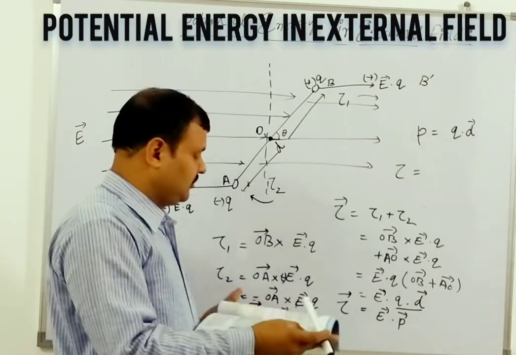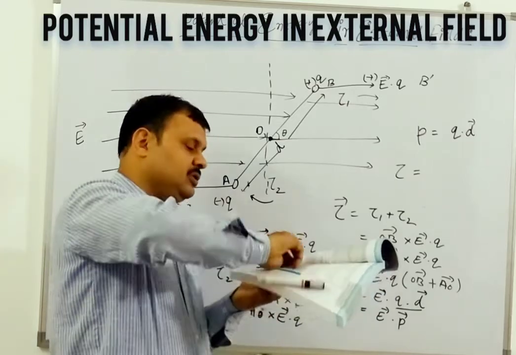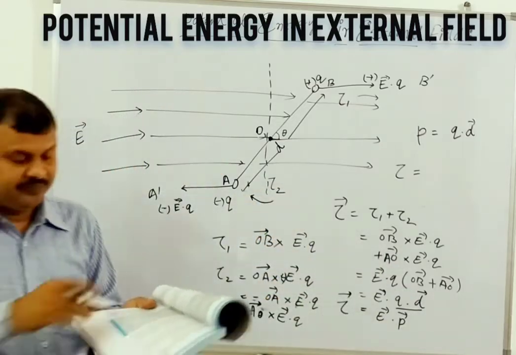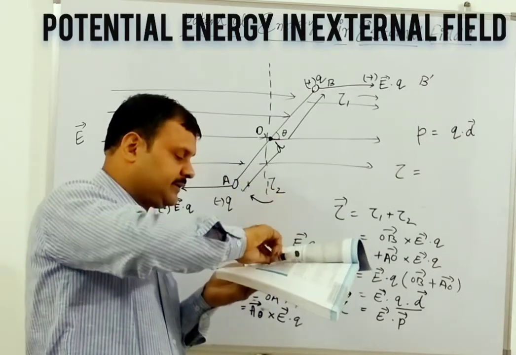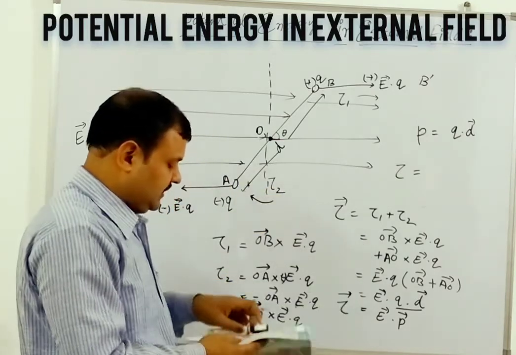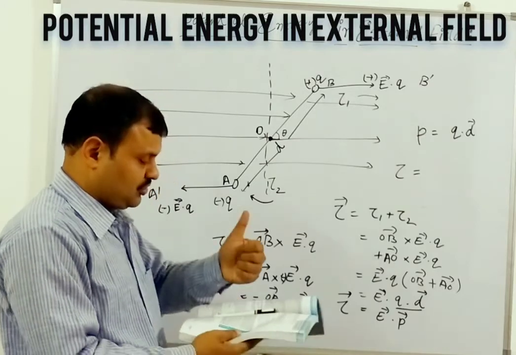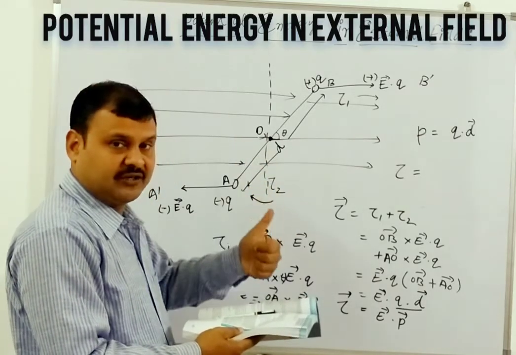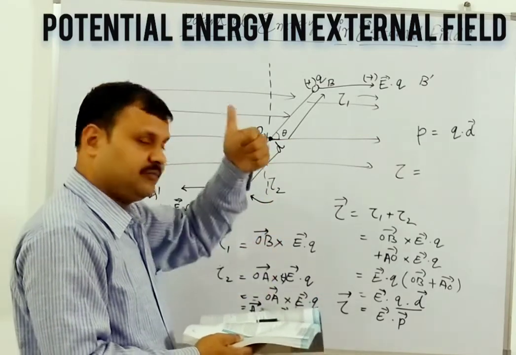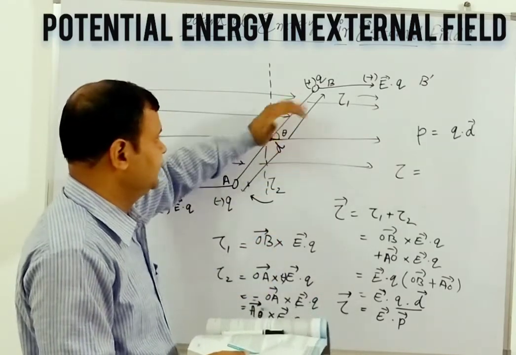Suppose this is your dipole. So if it is rotating like this in a horizontal plane, so what will happen? It will happen like this. The resultant force, like your screw motion, like this. So the direction of this resultant torque will be on the outside of this plane, like this, here, like this.